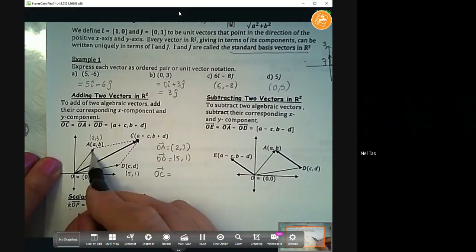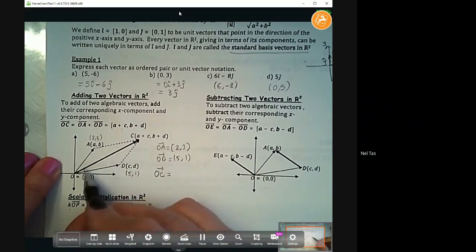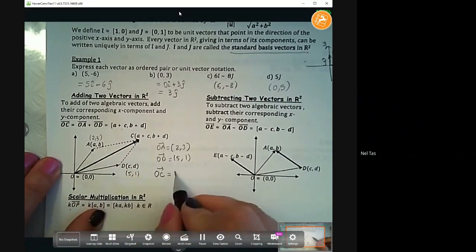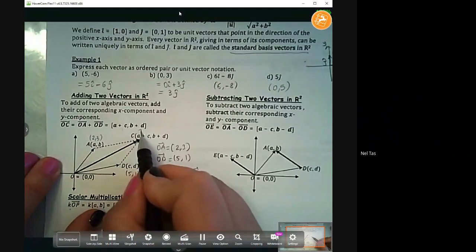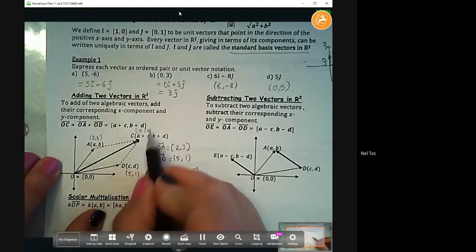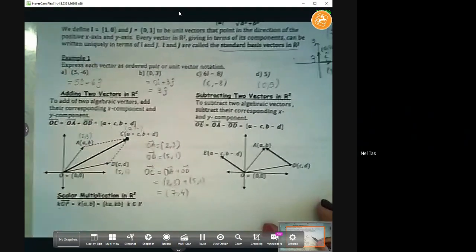They are tail to tail if you use the parallelogram method. So OC is OA plus OD, so 2 and 3 plus 5 and 1. That gives you 2 plus 5 is 7, 3 plus 1 is 4. So then C is 7 and 4 here. So that is addition of two vectors.